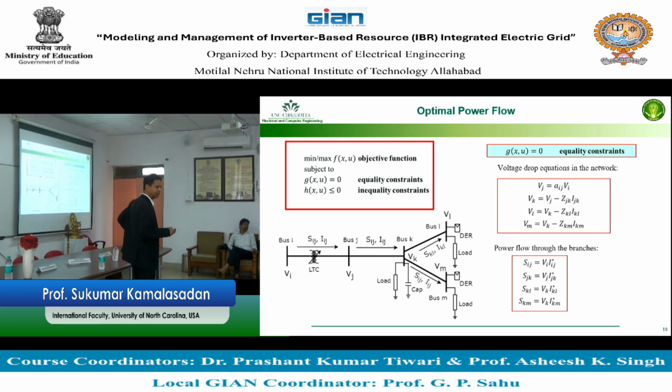The voltage relationship across a transformer is an equality constraint. Power flowing through the branches is an equality constraint. So every power at every point should be related to voltage times current, which is an equality constraint. For this network, you have S_ij, S_jk, S_kl, and S_km, the power flowing.